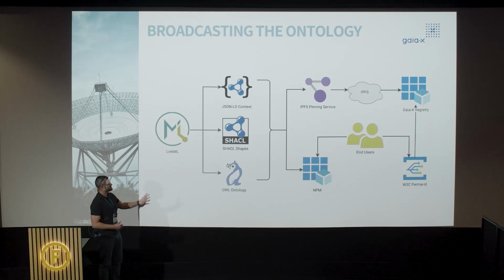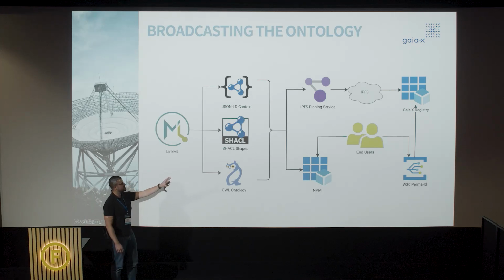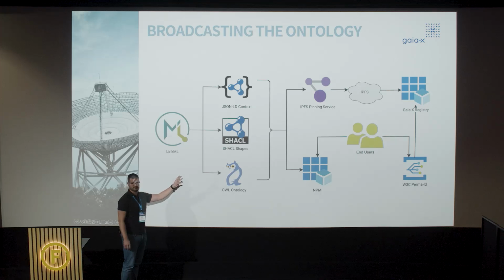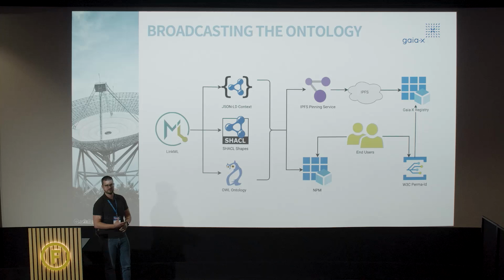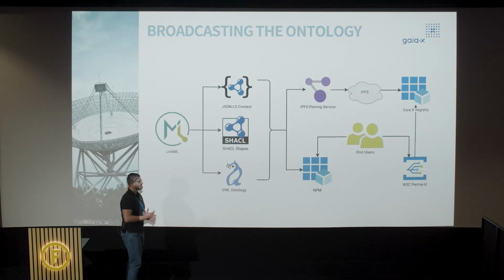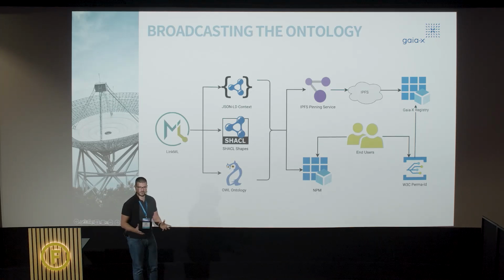What happens is we pin, it's called pinning, the deliverables on the IPFS network. Then the Gaia-X registry collects these deliverables and exposes them as REST endpoints, which I will describe later on. These REST endpoints can be called by anybody. It's our single point of truth.